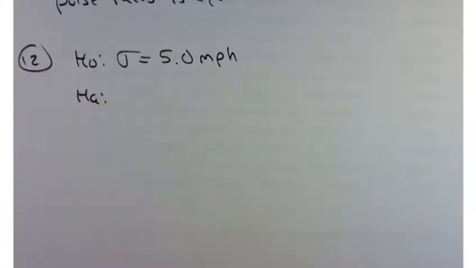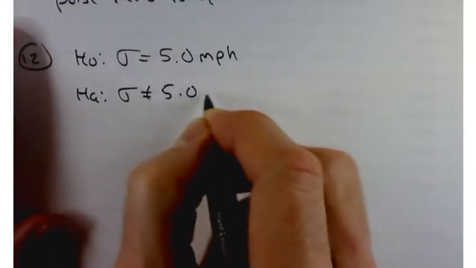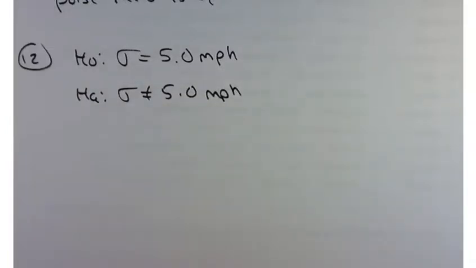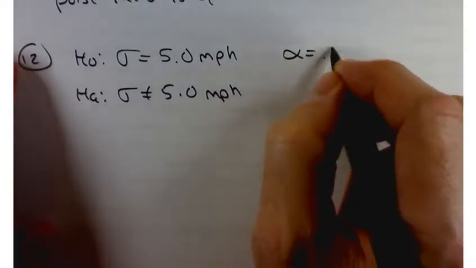Keegan, what's the alternative then? Yeah, not equal to 5. Now you're not saying what it is, you're just saying it's different than 5. That's all you're saying. We're going to test this at the 5% significance level. Alpha equals 0.05.